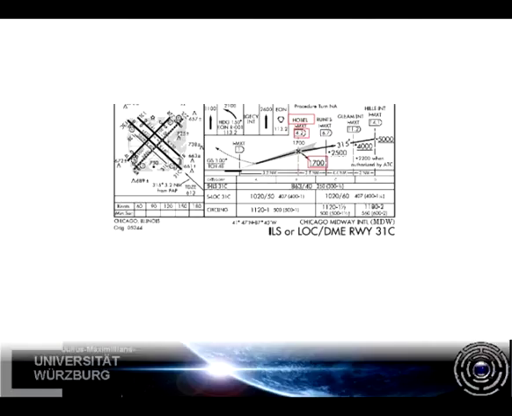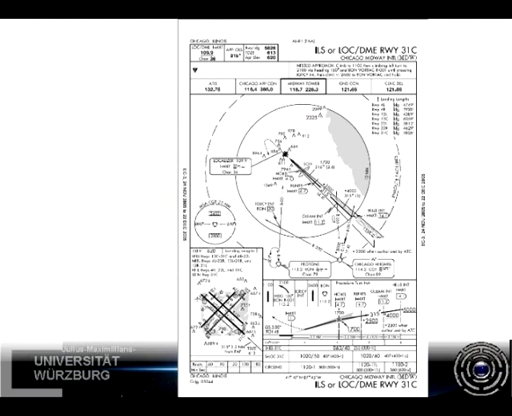Hobel is the so-called final approach point, where we intercept vertical guidance of the ILS at 4.2 DME at an altitude of 1,700 feet. Now the ILS will guide us horizontally and vertically to the runway.